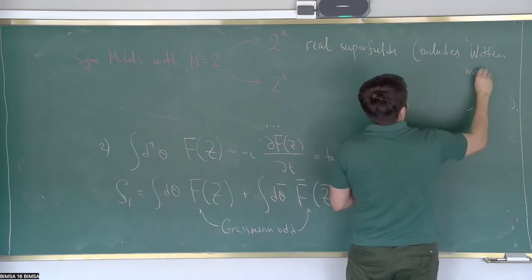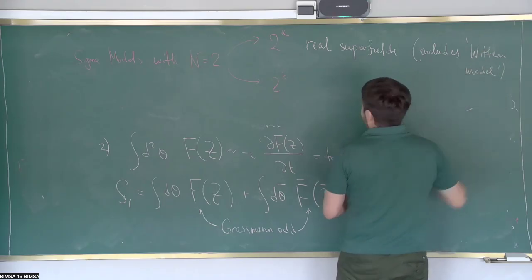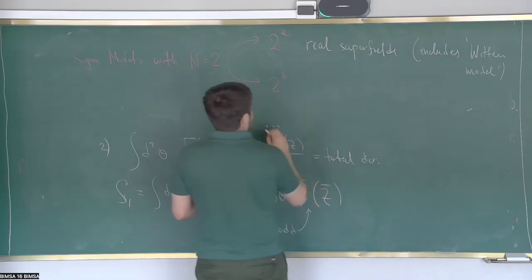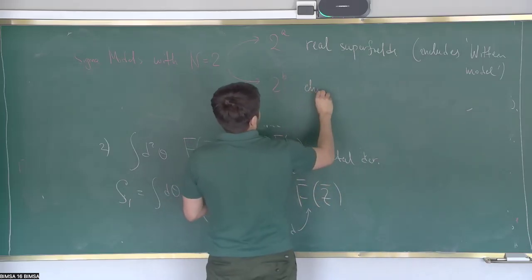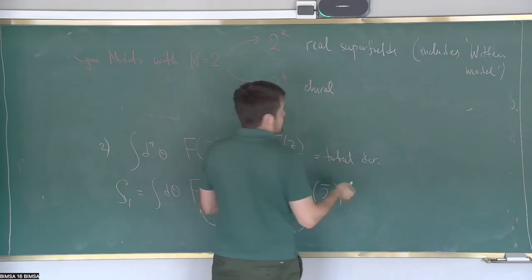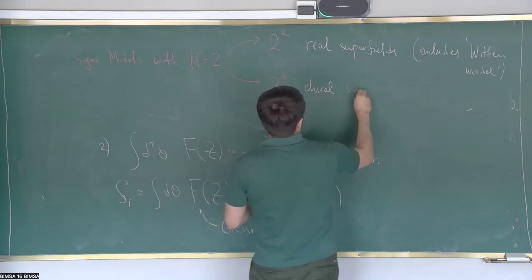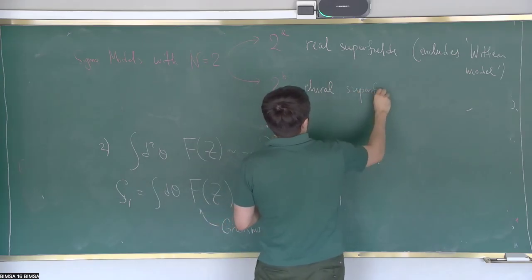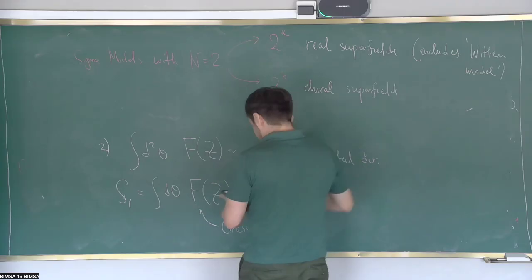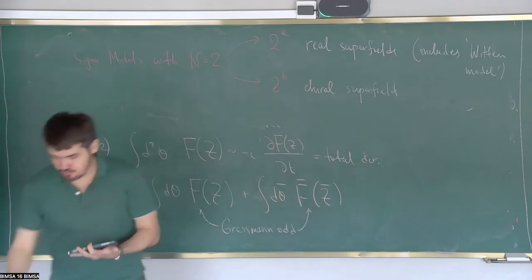And the 2B model includes chiral superfields. Chiral always come together with antichiral, which are their complex conjugates. So let's start from the 2A model.